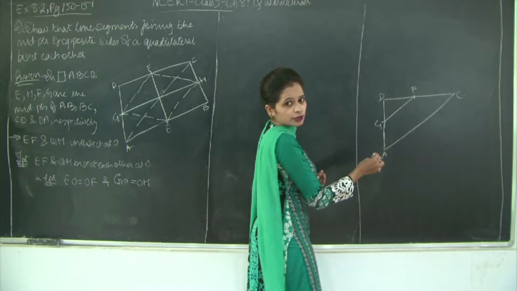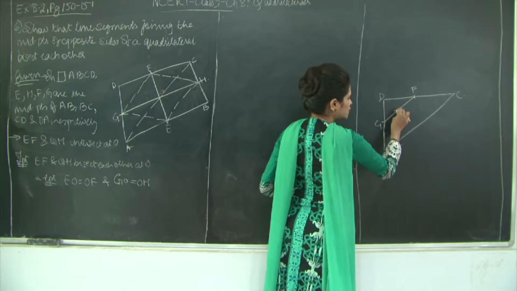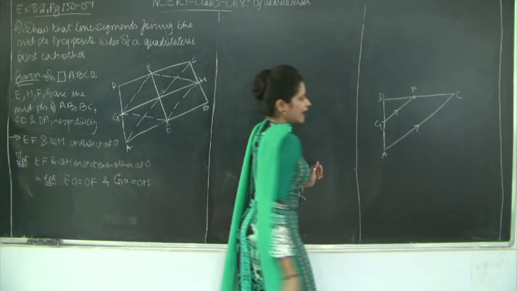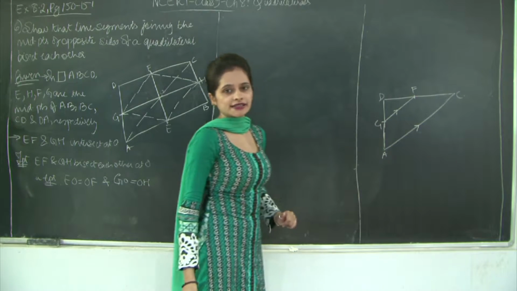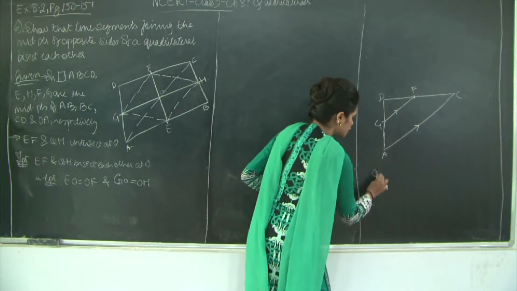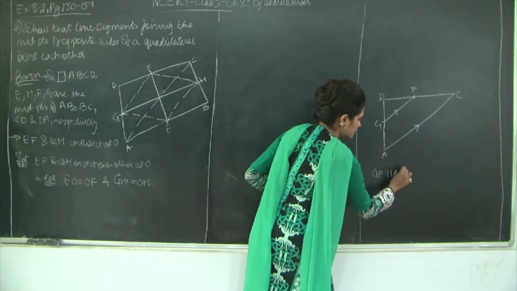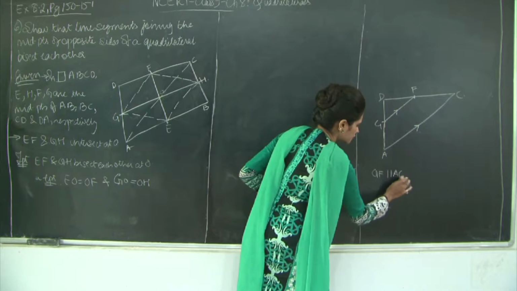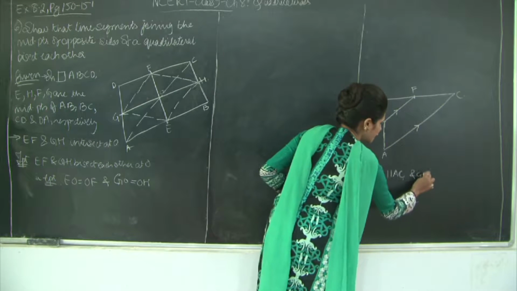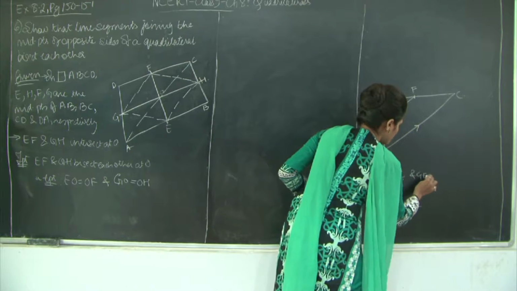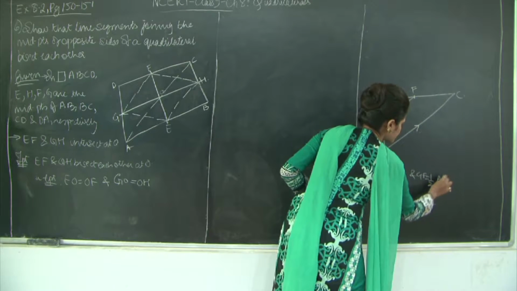Therefore, through the midpoint theorem, GF is parallel to AC and GF is half of AC. Let us write this down.